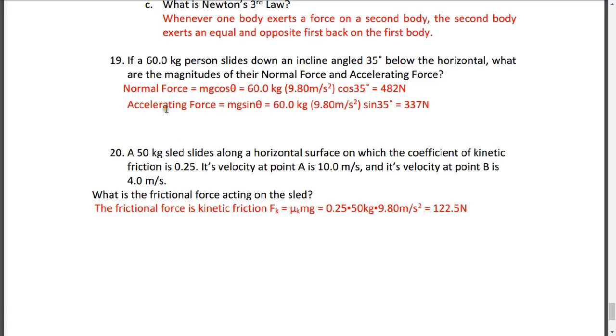So just like we discussed earlier, normal force on an inclined plane equals mg cosine theta. So mg cosine of 35 degrees, 482 newtons of normal force, and then the accelerating force, 60 times 9.8 times sine of 35 degrees, 337 newtons of our accelerating force.